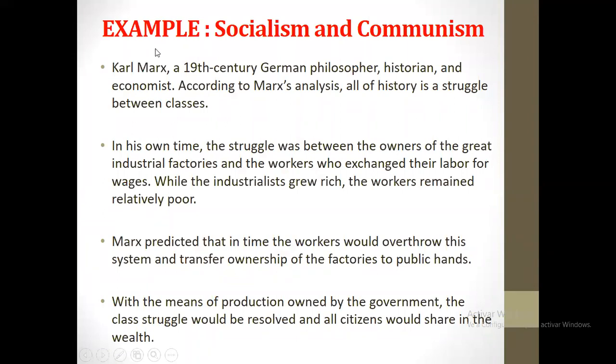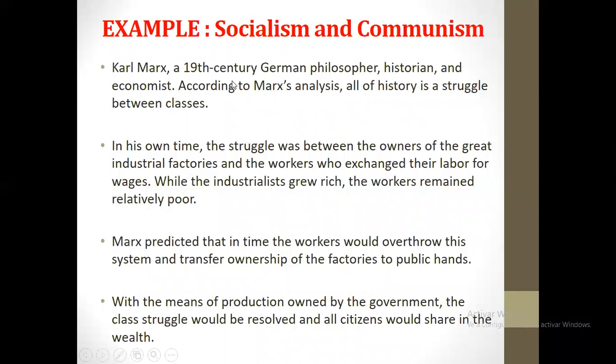Now, this kind of economic system exists in this type of political system, in socialism and communism. Now, who's the father of communism? Mr. Karl Marx.